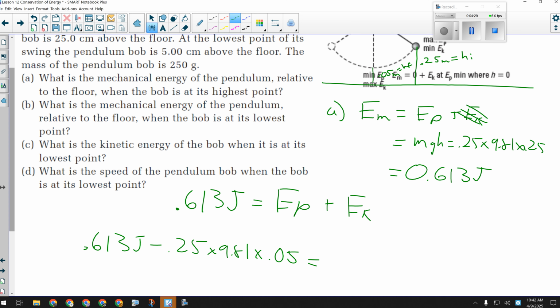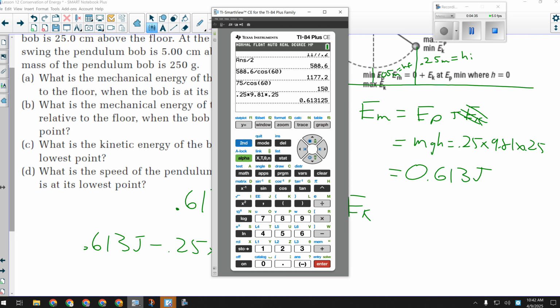That'll be my potential energy at the lowest point relative to the ground. So 0.613, which we're using from part A or part B, minus 0.25 times 9.81 times 0.05. Okay, there's my kinetic energy at the lowest point, 0.490 joules.